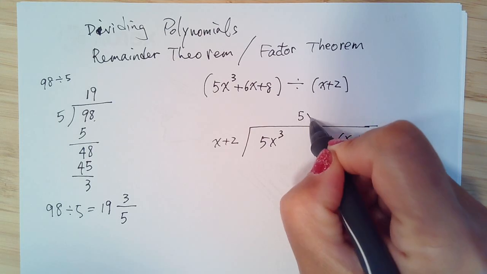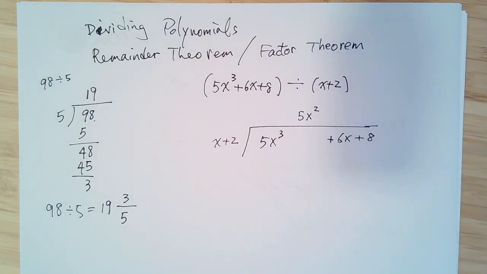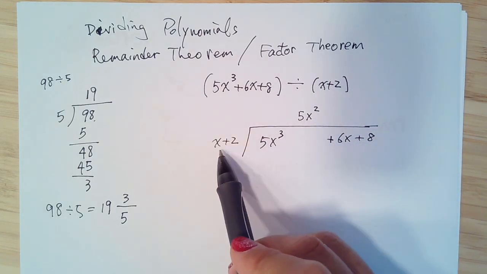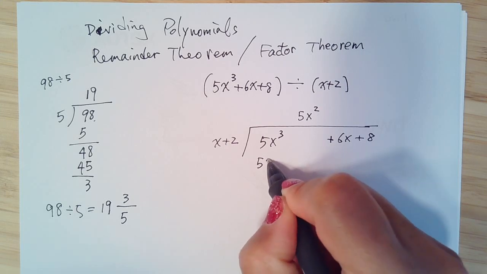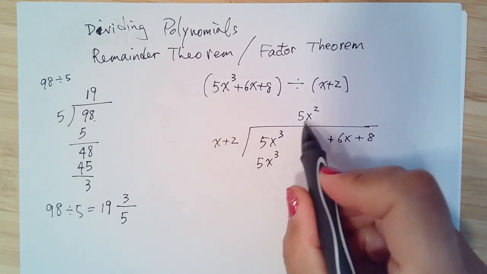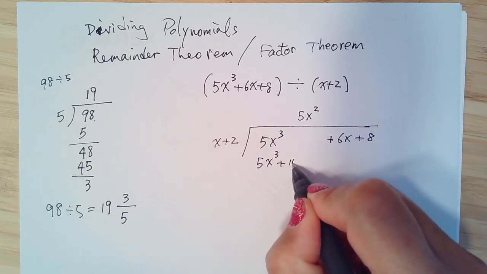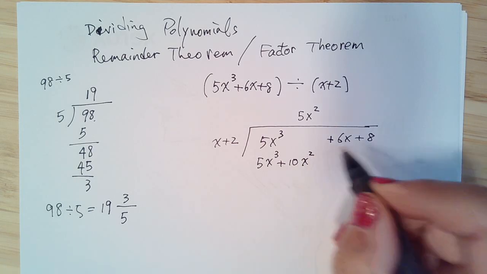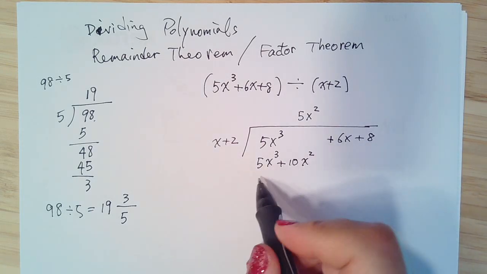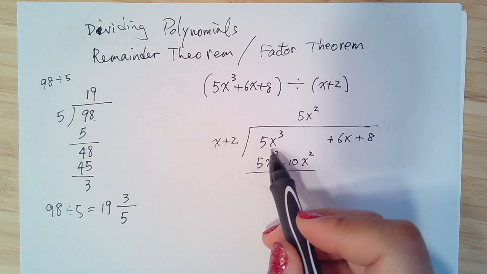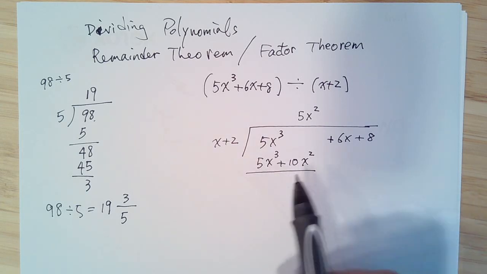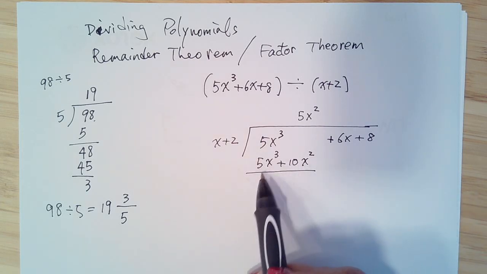And then I use 5x squared multiplied by x, I get a 5x cubed. And then multiply by 2, I get a 10x squared. Now you see how I get this and this term. Then I do minus. This minus that is a 0. I did that on purpose. It has to be 0.